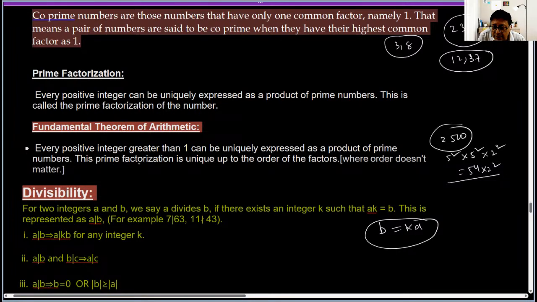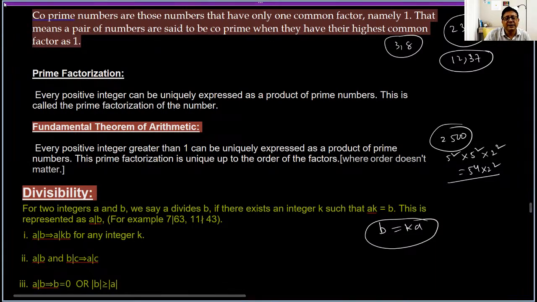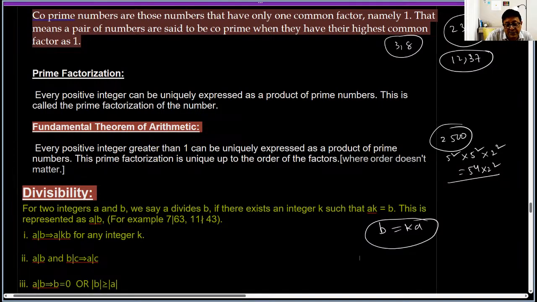A number can be expressed in terms of the number which divides it by using a constant, that is another integer k. Okay, k is an integer. I did not say positive or negative. I told you, because in some IOQM questions, negative integers are also considered. A divides b means a divides k into b, isn't it?